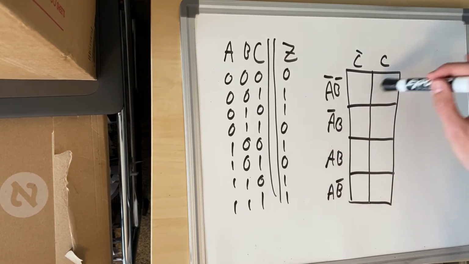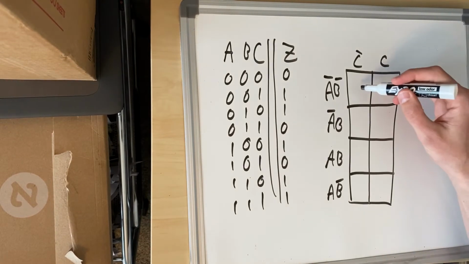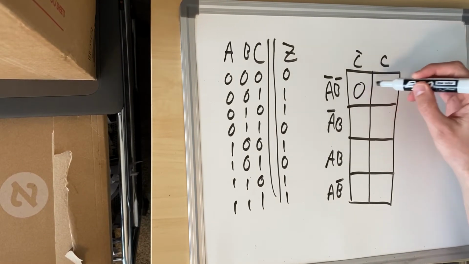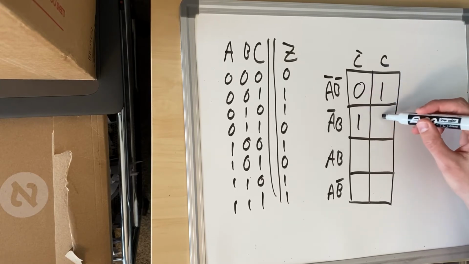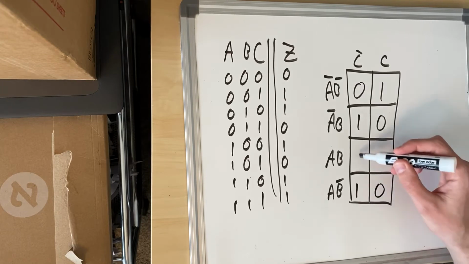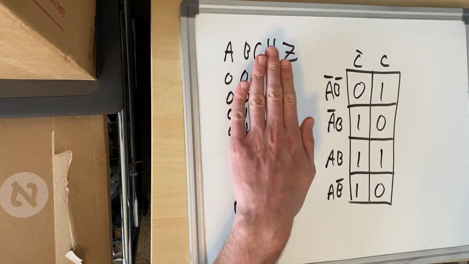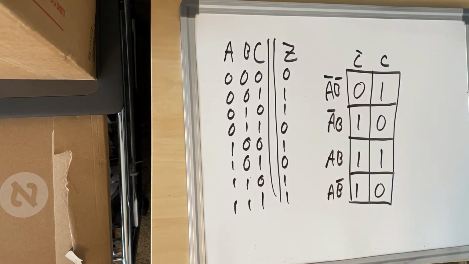All have their place. Use your template when you're filling this out. You can pause if you want to try it on your own, or you can just follow through with me. I'm going to fill this out. I have 0, 1, 1, 0, 1, 0, 1, 1. And that's simply just taking the information from my truth table and plugging it into my K-map.